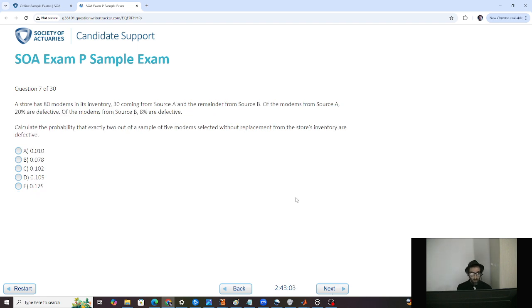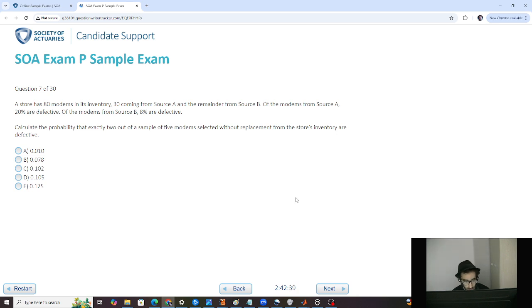Store has 80 modems in its inventory, 30 coming from source A, the remainder coming from... This looks like a Bayes theorem question. Without replacement. Okay. 80 modems in inventory, 30 coming from source A, remaining coming from source B. Of the modems from source A, 20% are defective. Of the modems from source B, 8% are defective.